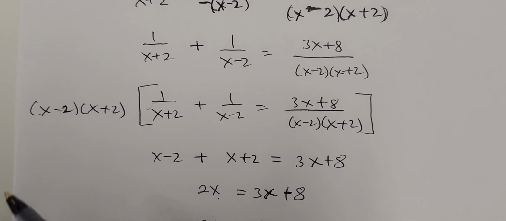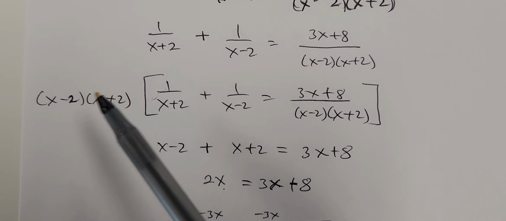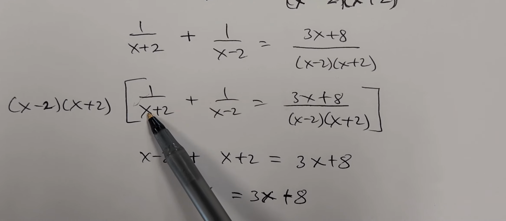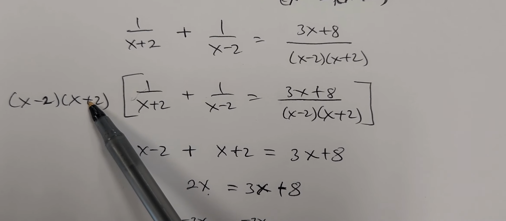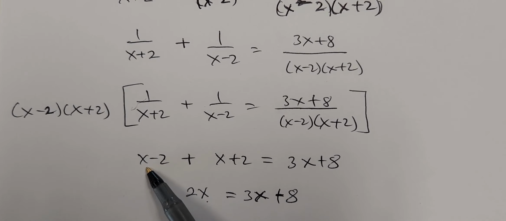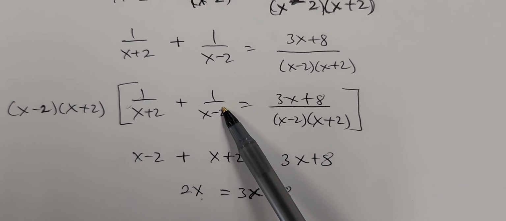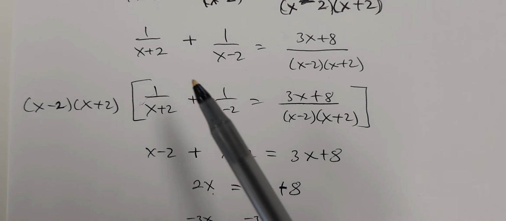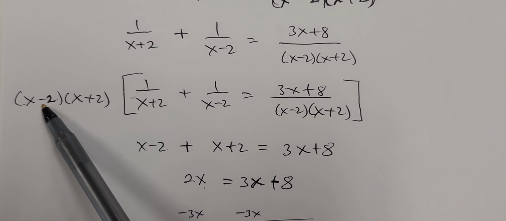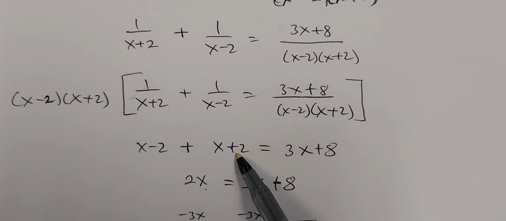So here we go. This multiplies to the first fraction. The denominator is x plus 2, and there's another x plus 2, so that cancels out. All I have left is x minus 2. Let's move on to the second fraction. X minus 2 cancels out, and I just have x plus 2.